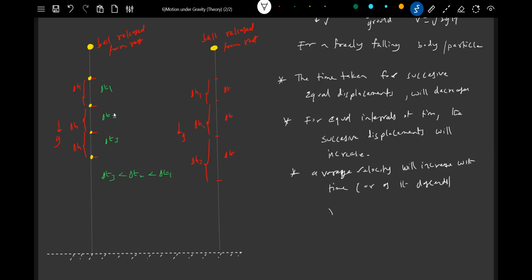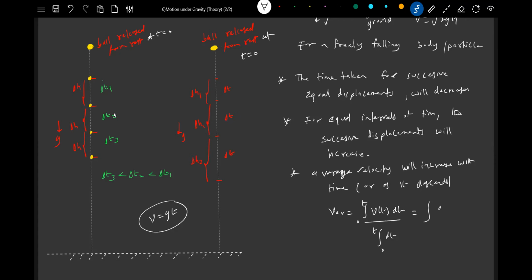So what is the basic idea for this? Average velocity should be equal to the integral of v of t dt from 0 to t, divided by t. So what is v of t? So v should be equal to gt, for a ball released from rest at t equal to 0. That's the assumption. So the expression for velocity of the ball at any time t is given by this one.